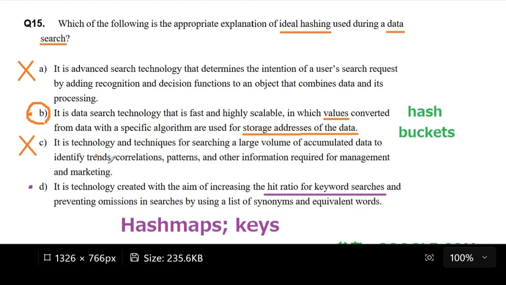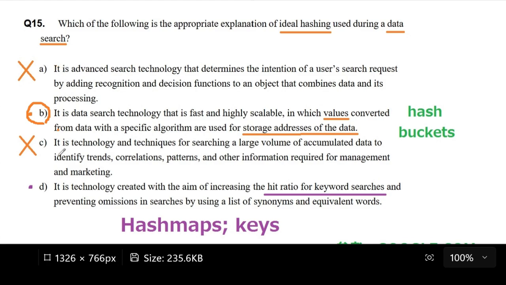For letter C, I thought that trends, correlations, patterns are maybe beyond what we need when we're doing hashing. So I thought that C as well as A aren't really the likely answers, so I eliminated them.